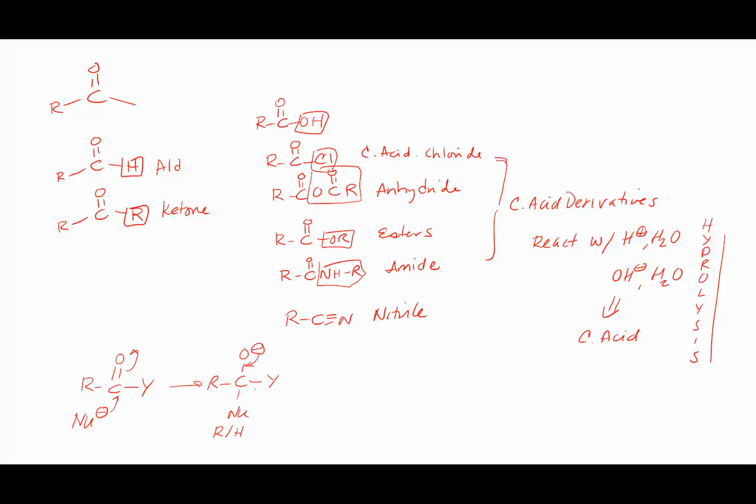So all that could leave is the Y group. And if the Y group is an R or an H group, then what happens? The molecule just gets stuck there as an alkoxide, and you wait for H plus to come in and protonate it. And that was all the reductions and all of the Grignards that we did with aldehydes and ketones.